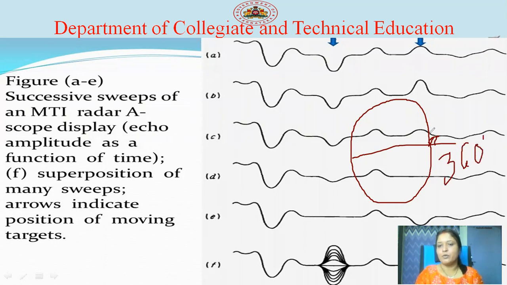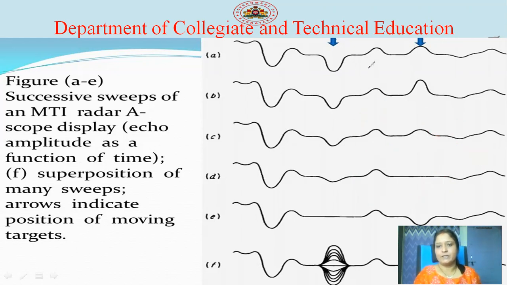Whatever the moving targets are, they will appear as stationary, because 360 is nothing but 0 here. It is not providing any variation in the phase, the same phase. Therefore, that will appear as a stationary object.